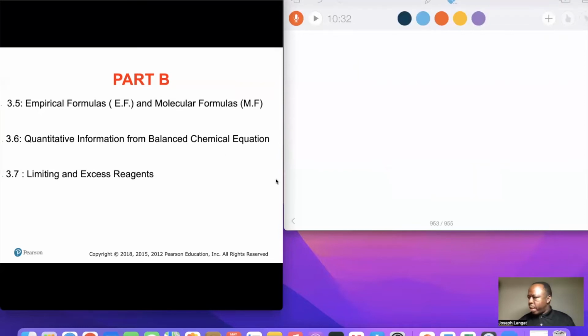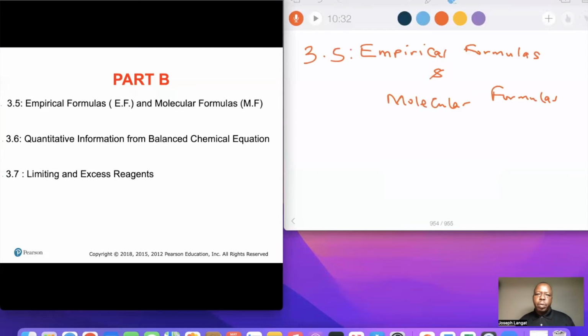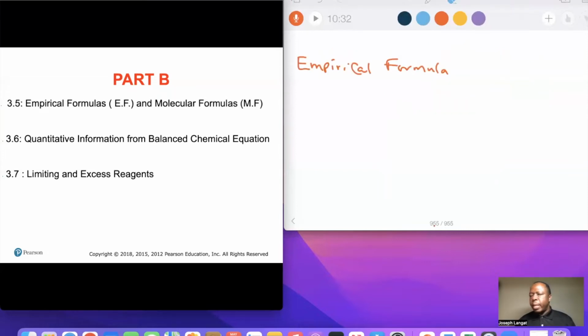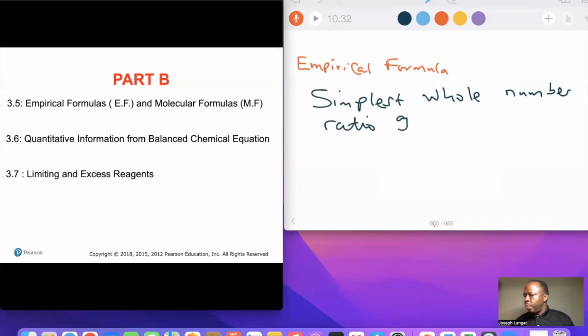As for the definition, the empirical formula is simply the simplest whole number ratio of atoms of elements in a compound, right?